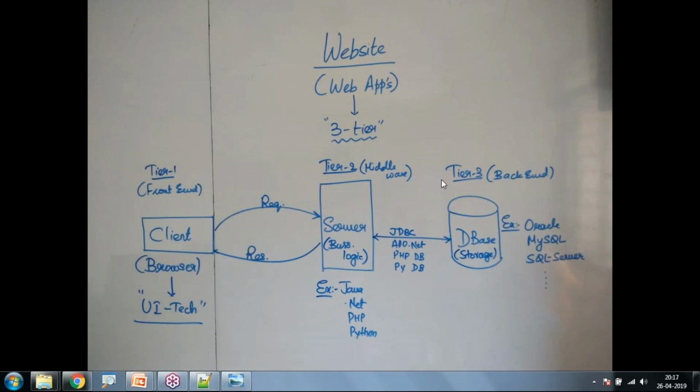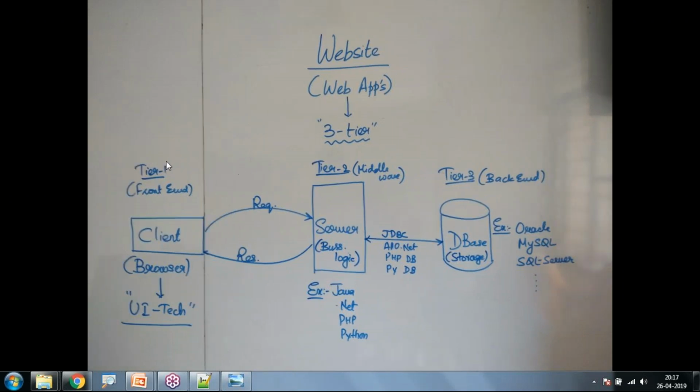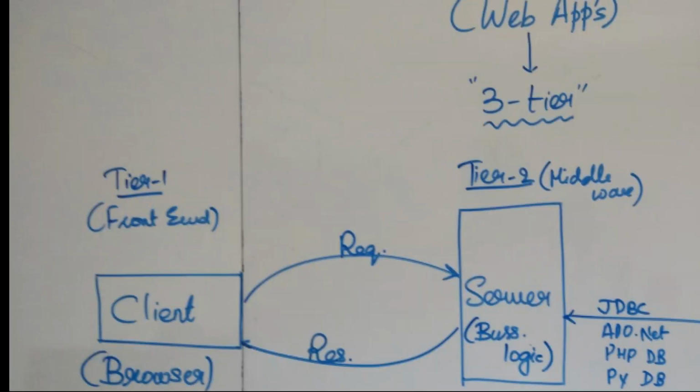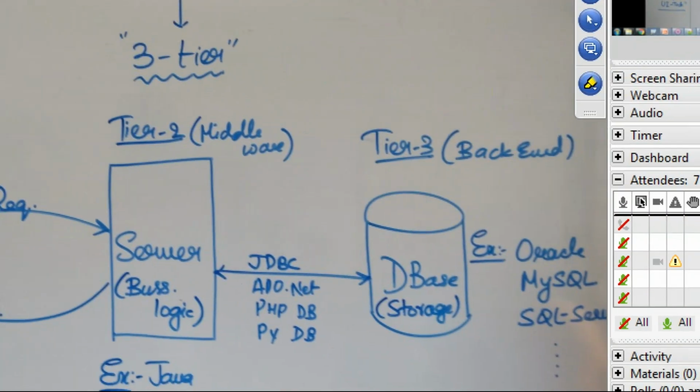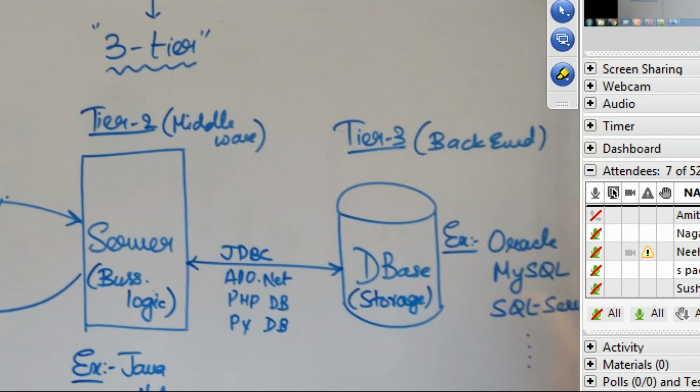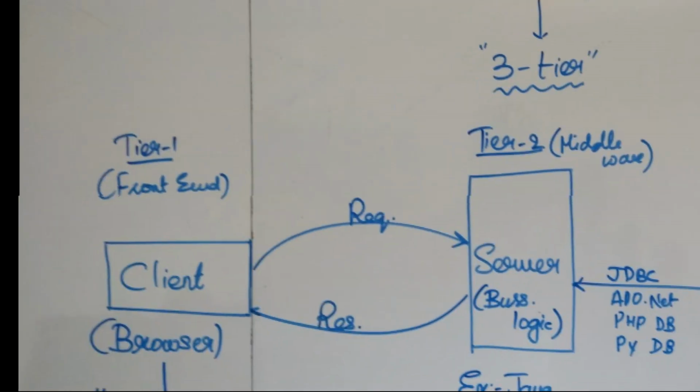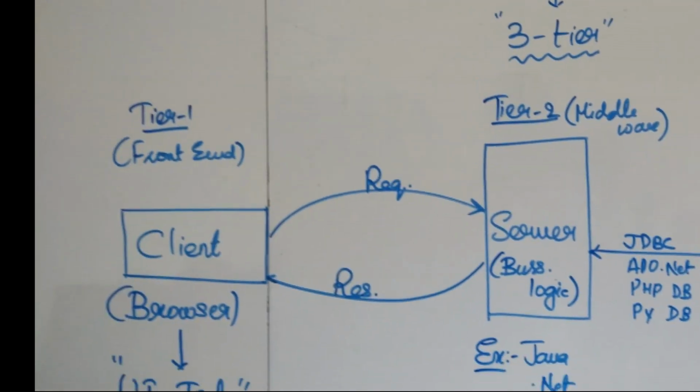In three-tier architecture we have three layers. The first layer is tier 1, the second layer is tier 2, and the third layer is tier 3. Technically we call tier 1 the front end, where the client will be using a browser to access the website.